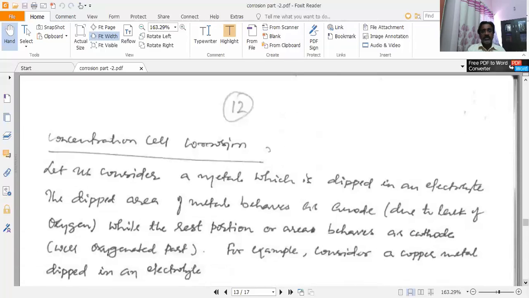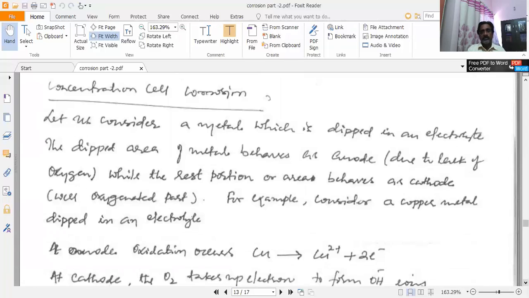The next one is concentration cell corrosion. Let us consider a metal which is dipped in an electrolyte. The dipped area of the metal behaves as anode, mainly due to the lack of oxygen, while the rest of the area behaves as cathode because it is the well oxygenated part.